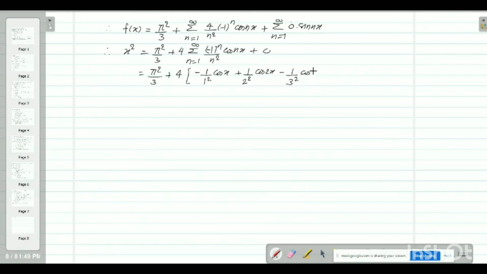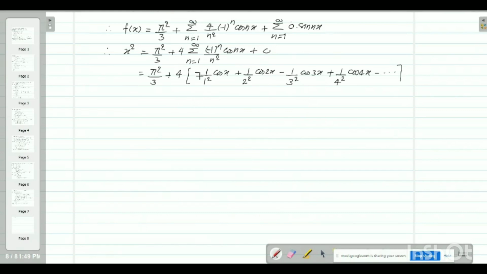And one more term, plus 1 upon 4 square cos 4x, and so on.